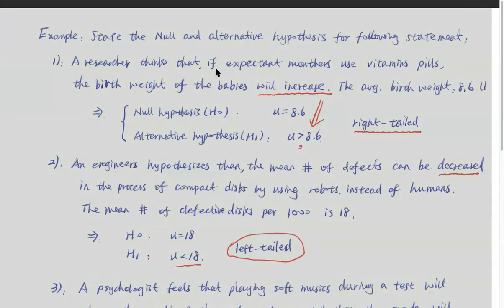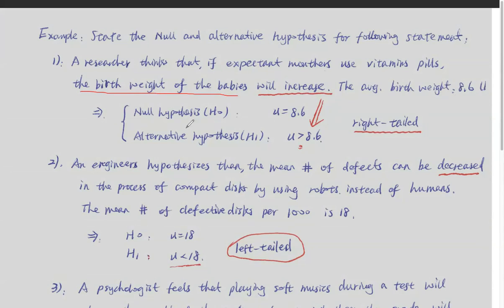So a researcher thinks that if expectant mothers use vitamin pills, the birth weight of the baby will increase. That's the hypothesis they have, given the average birth weight is 8.6 pounds.